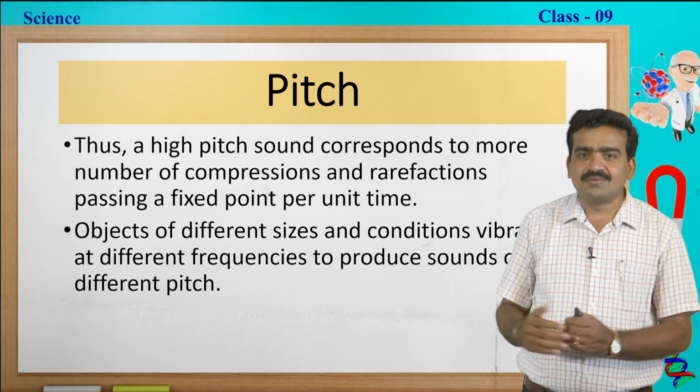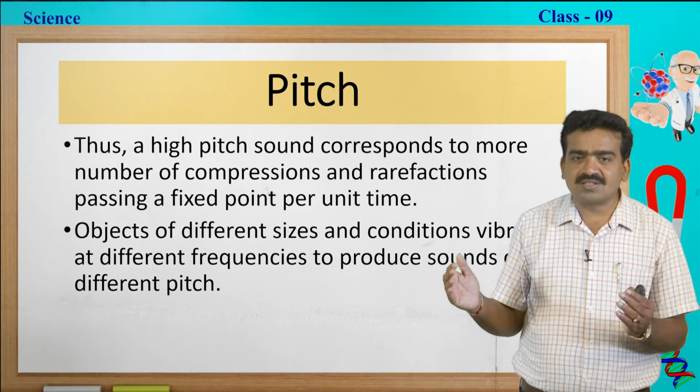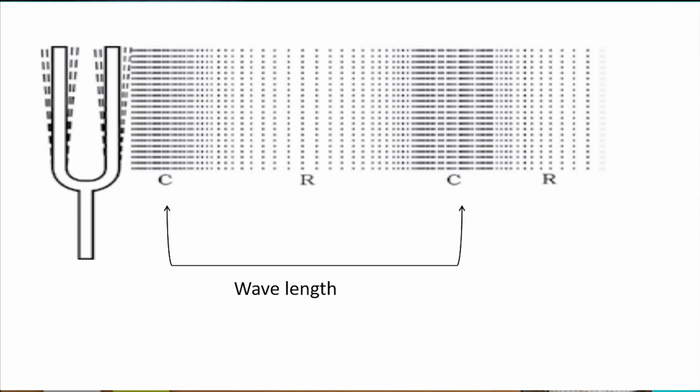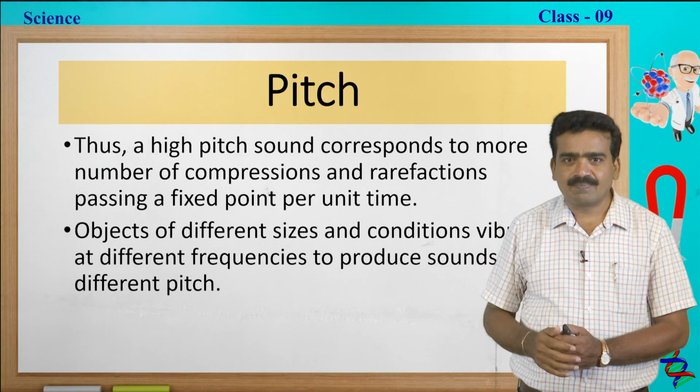A high pitch corresponds to a larger number of compressions and rarefactions passing a fixed point per unit time. If more compressions and rarefactions cross a fixed point, that gives the pitch.